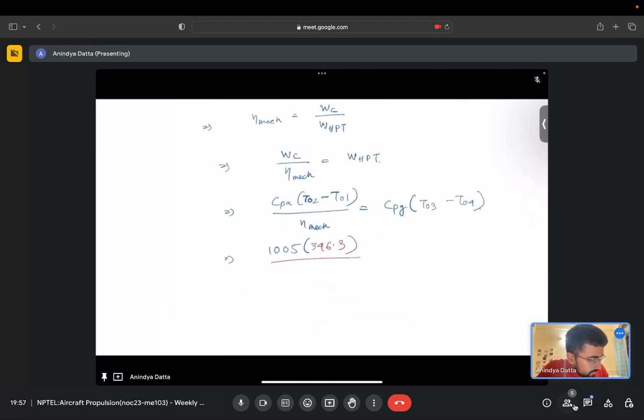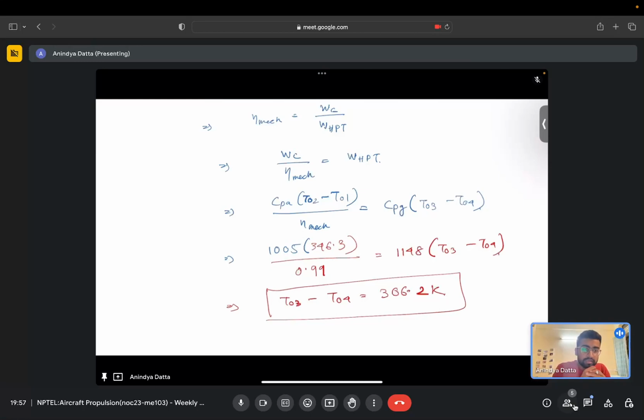Mechanical efficiency is 0.99, and Cp of gas is 1148 times T03 minus T04. So we get T03 minus T04 as 306.2 Kelvin. This is our temperature difference across the first turbine, or high pressure turbine.